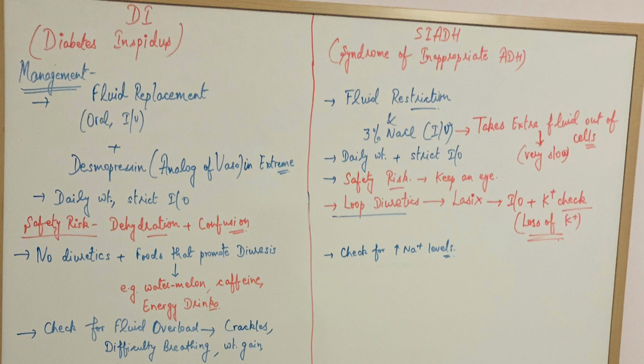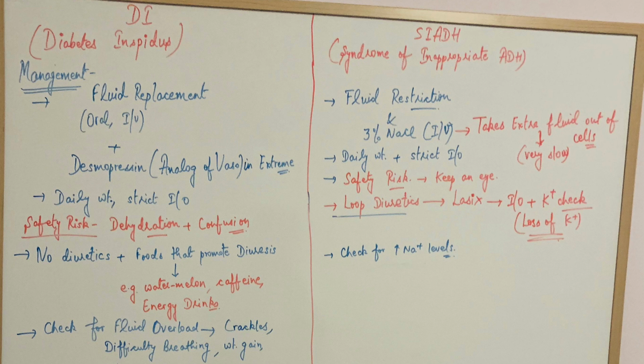So through the IV route we will give NaCl, and if it is hypertonic, it should not be given at a very fast rate. It is always given very slowly via IV infusion. Remember that. It is very important to remember this, because when we give a hypertonic solution, it takes extra fluid out of the cells.